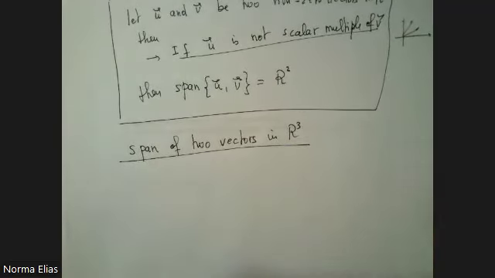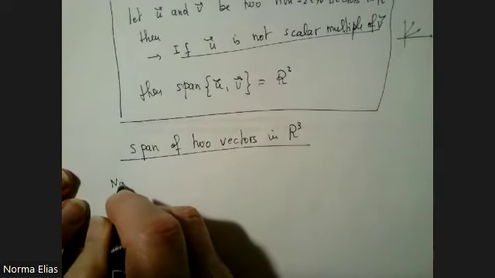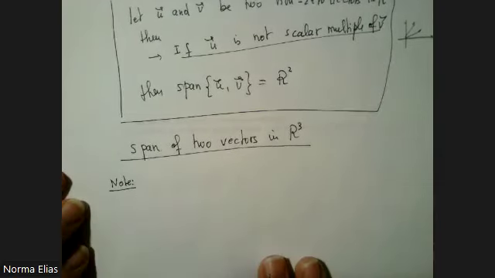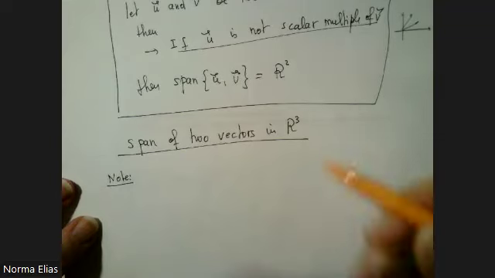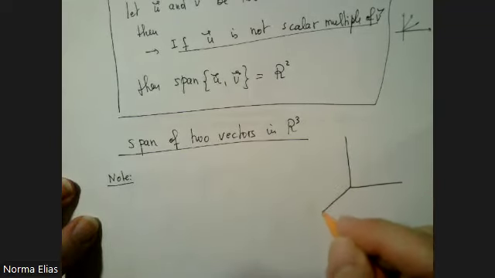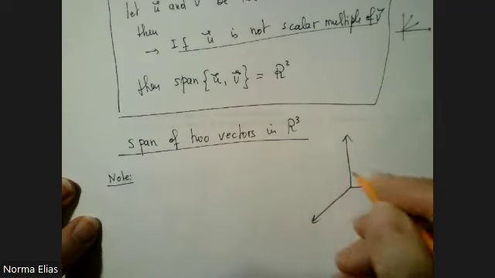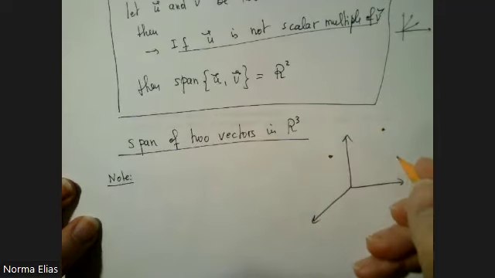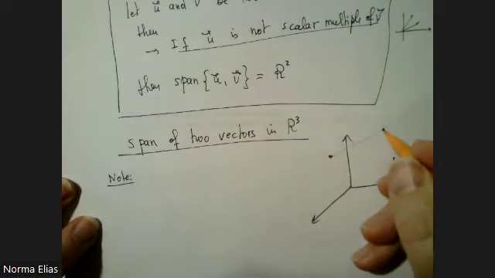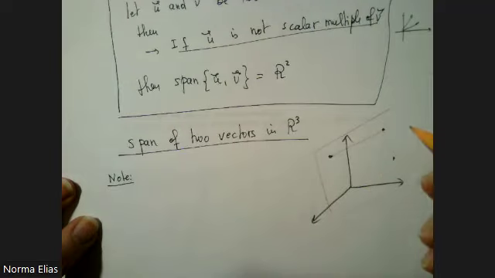So first, let me note something here: when you are in R3, any 3 points, as long as they are not collinear, form a plane.